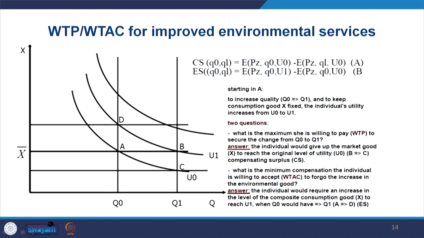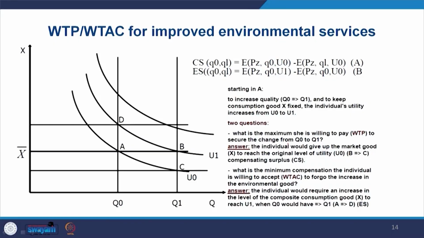I already explained what is equivalent surplus and what is compensated surplus. The difference between the two is that in case of compensated surplus, it is the difference between the amount of money spent on the conventional product for achieving the given level of utility when there is no change in the environmental quality, minus the amount of money spent by the consumer on the Z product or conventional product for the given level of utility when there is a change in environmental quality.